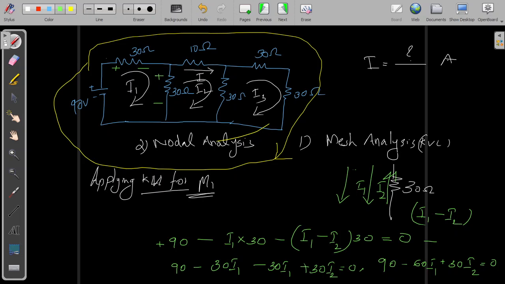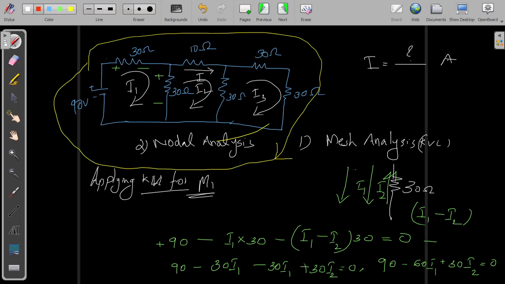I'm keeping the 90 on the RHS and taking the I1 and I2 terms to the other side.